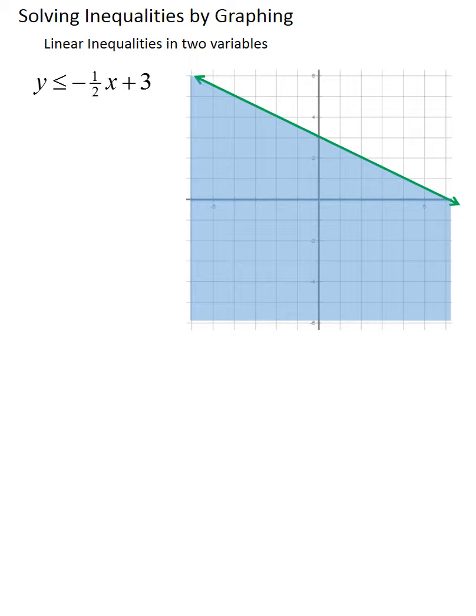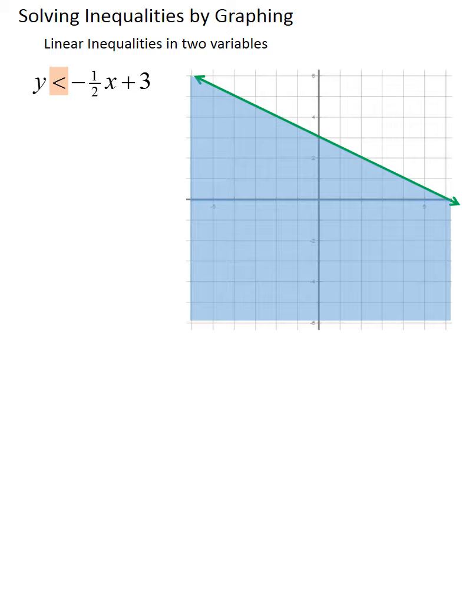Final thought, what if I were to have picked a point above the line? Any point above the line would be false, and therefore there's no shading there. And one more thought. What if I were to change the compound inequality to a strict inequality?